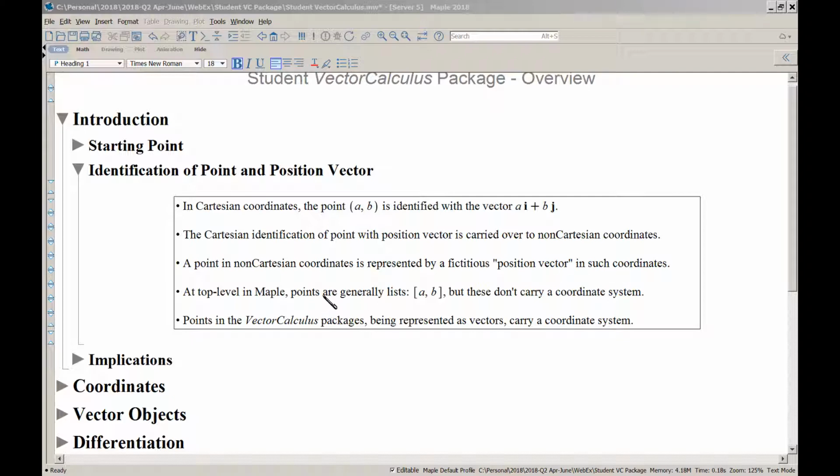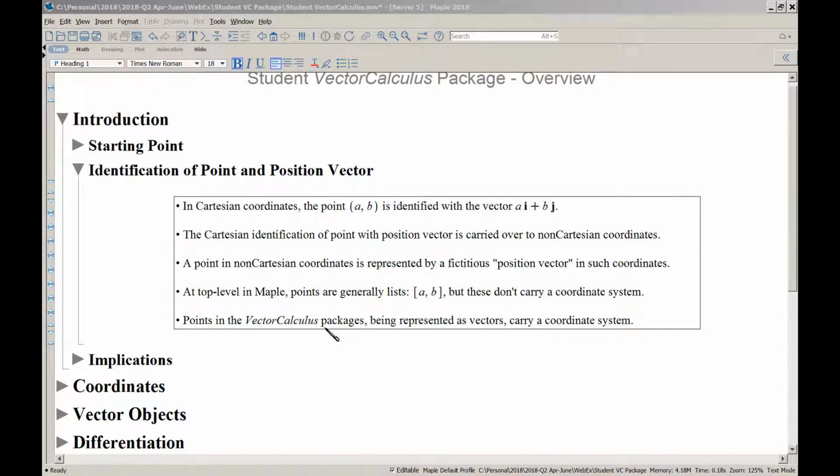Think about points and coordinates a bit. At top level, points are generally lists, but they don't carry a coordinate system. They're just a list.